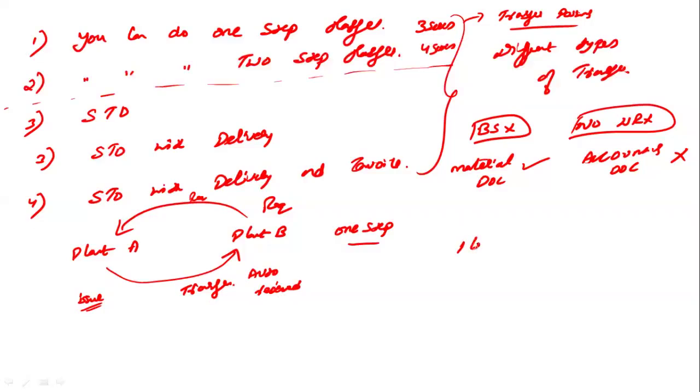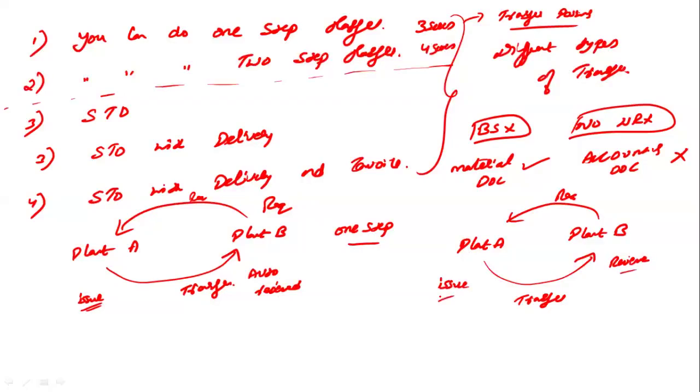Second case. The same requirement is placed. Transfer is happening. Plant B is requesting material from plant A. Plant A will issue the goods and plant B should receive the goods manually. So this is called two-step.